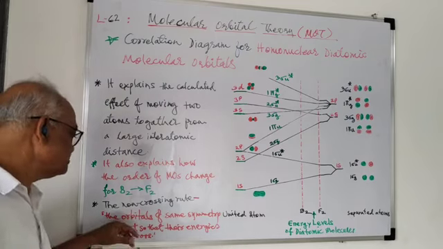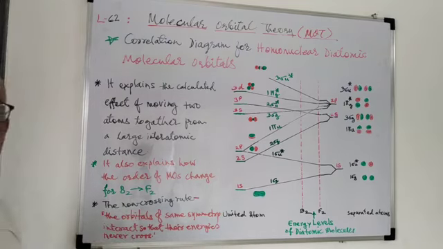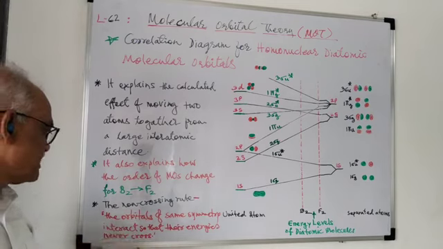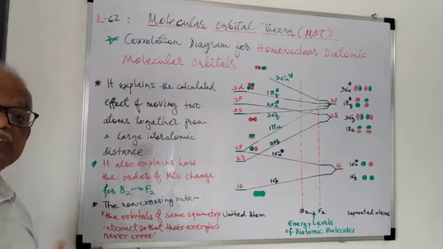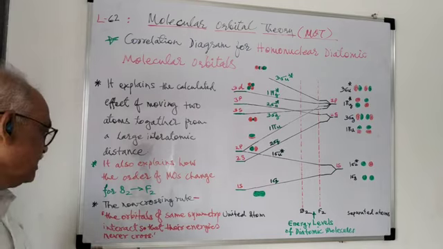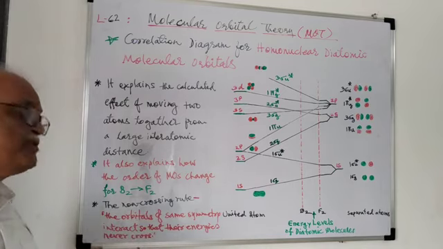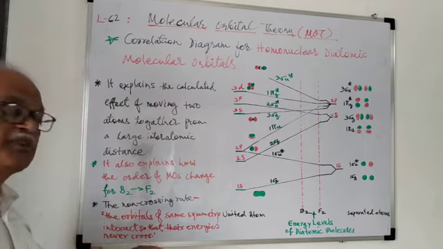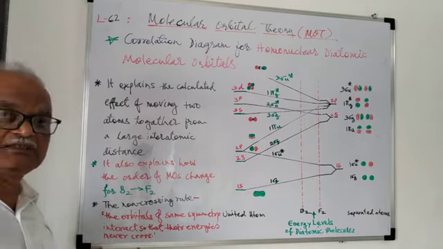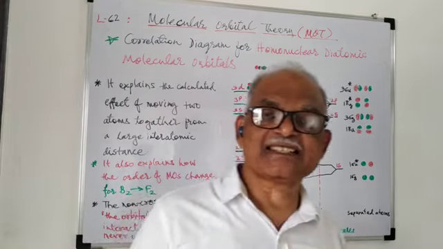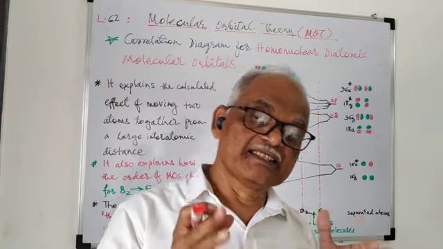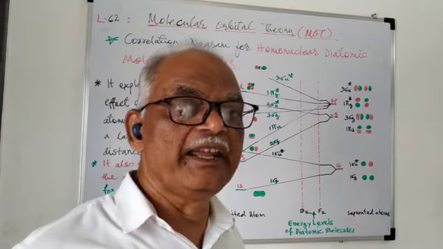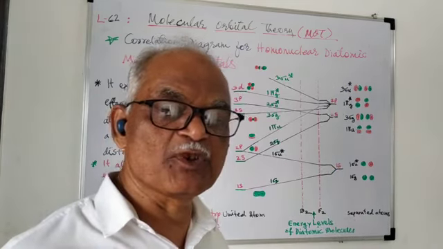It states that when orbitals of the same symmetry interact with each other, their energies should never cross. There should be no crossover of their energies for orbitals of the same symmetry.